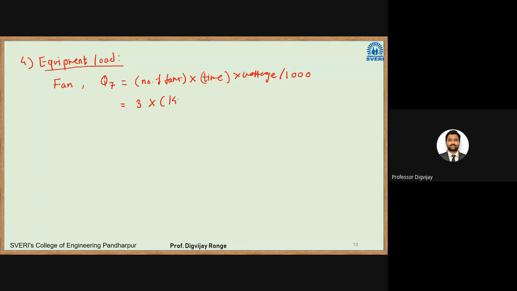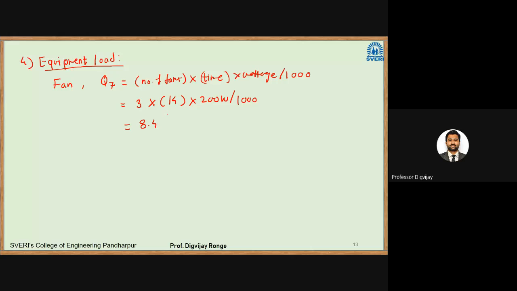They are working for 14 hours per day. Their wattage is 200 watt. That motor is operating 200 watt divided by 1000. So can you calculate this? So that will be 42 into 0.2, that will be 8.4.